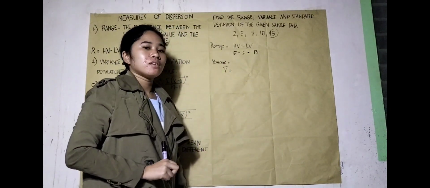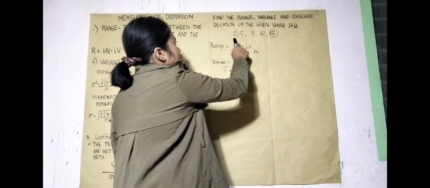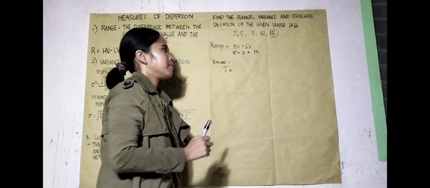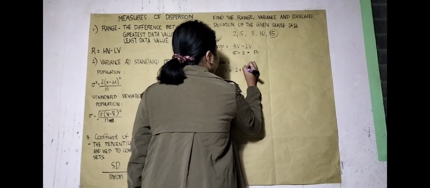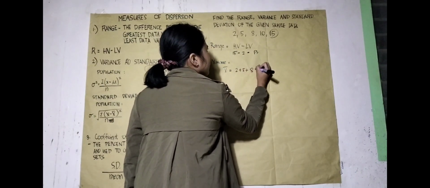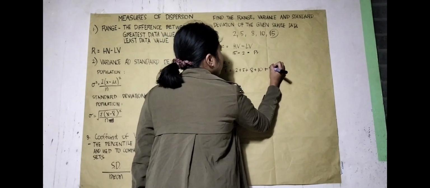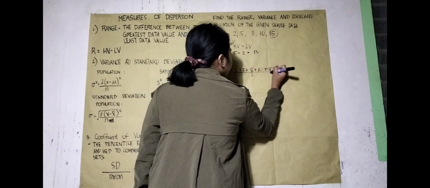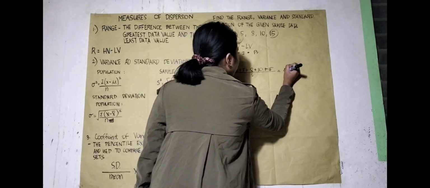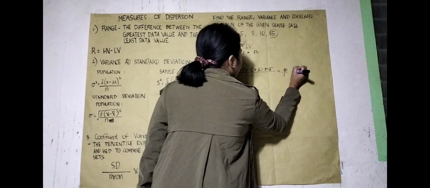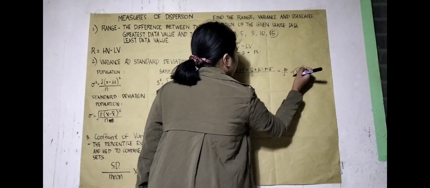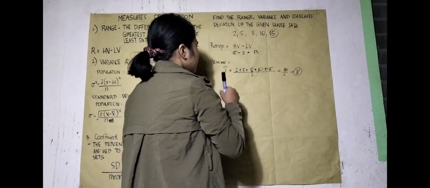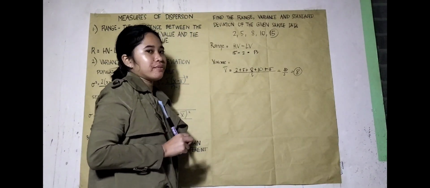For the sample mean, we have to add all the numerical data divided by how many numerical data there are. 2 plus 5 plus 8 plus 10 plus 15 over 5. 40 divided by 5 is equal to 8. So 8 is our sample mean. Now, let us compute for the variance.